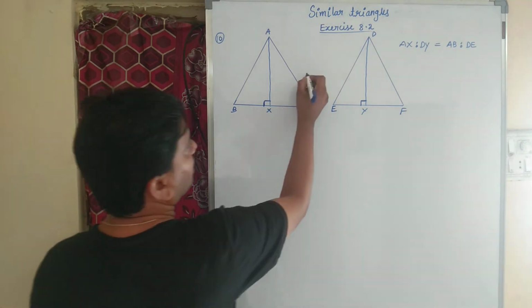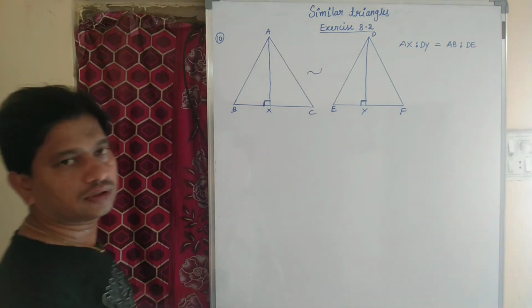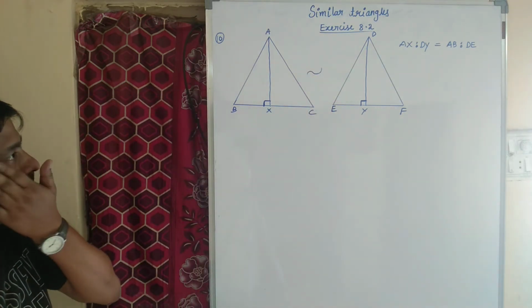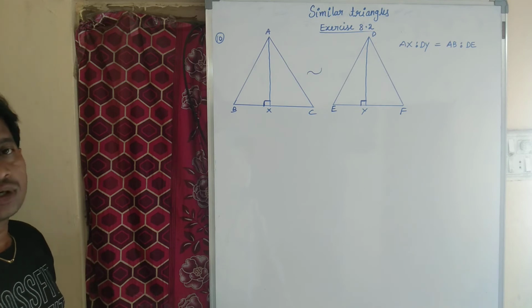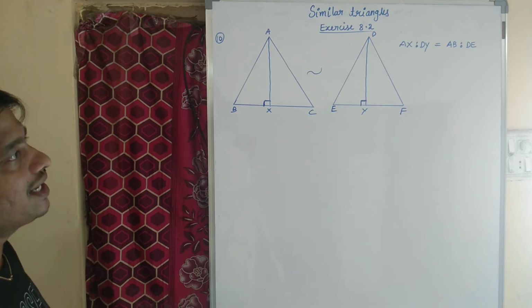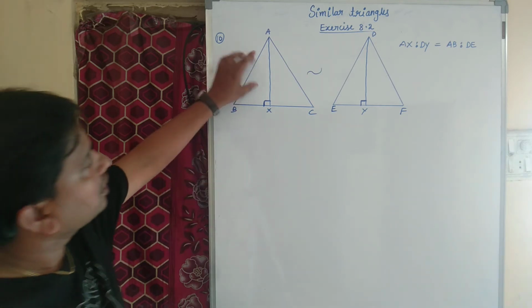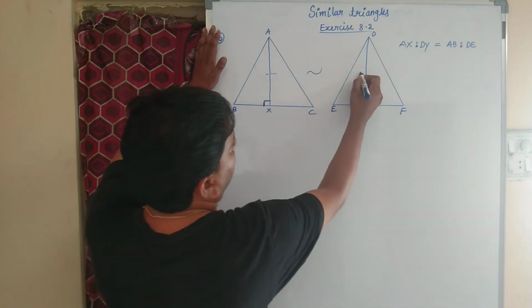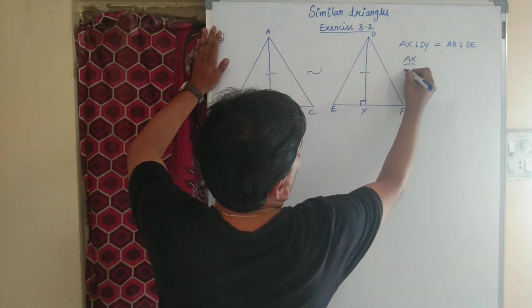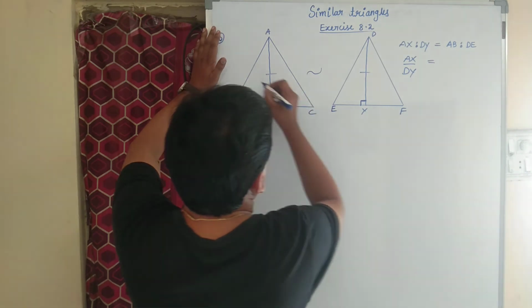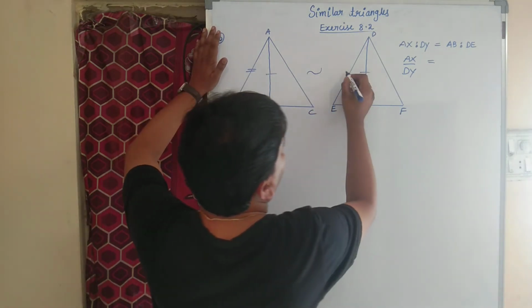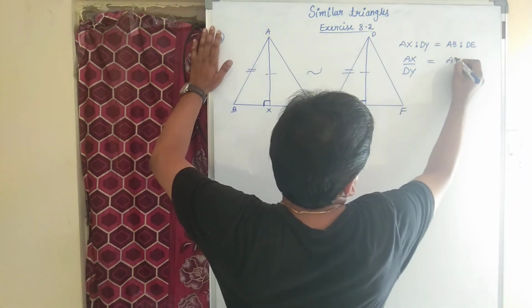Already they said these two triangles are similar, right? Now they are asking to prove that AX is to DY. AX corresponding side is DY, and AB corresponding side is DE.